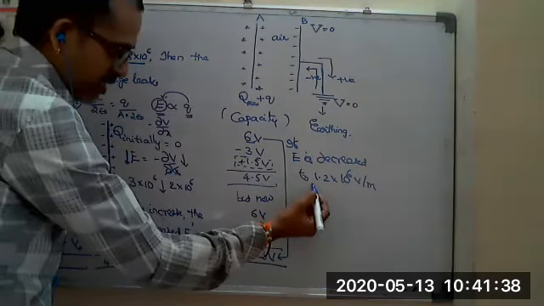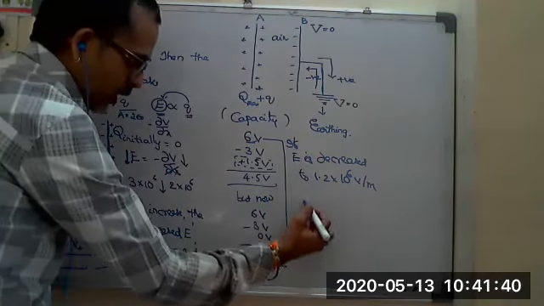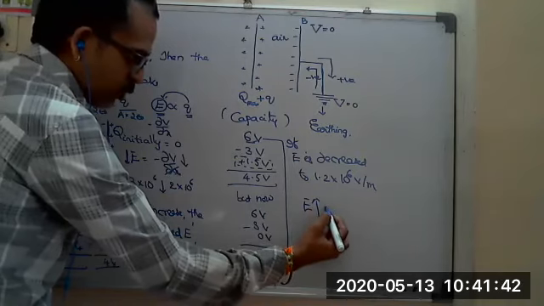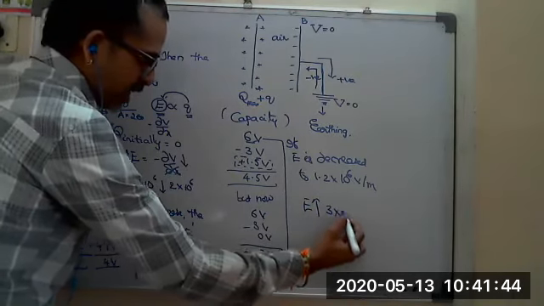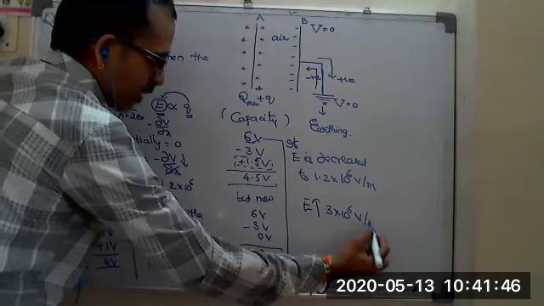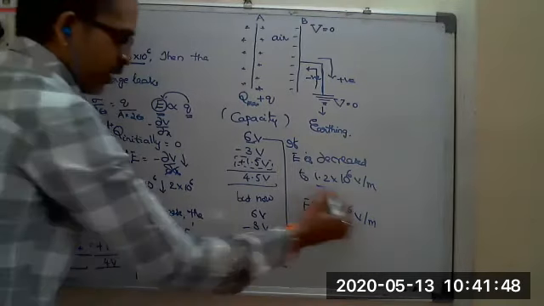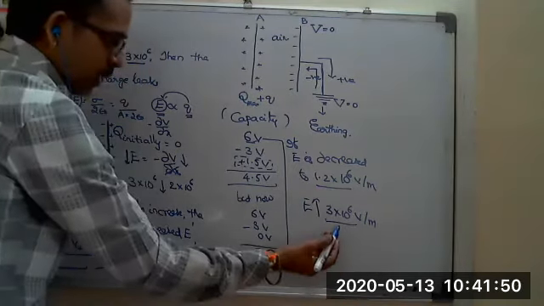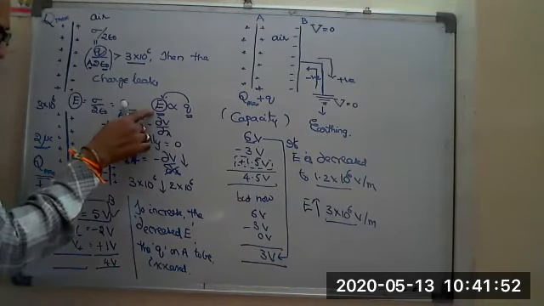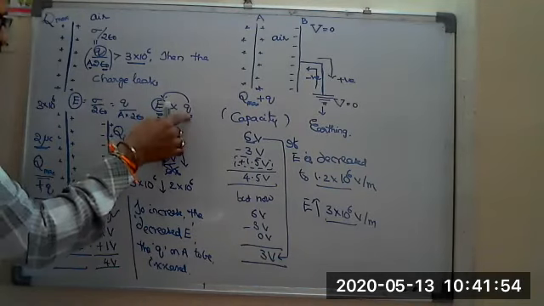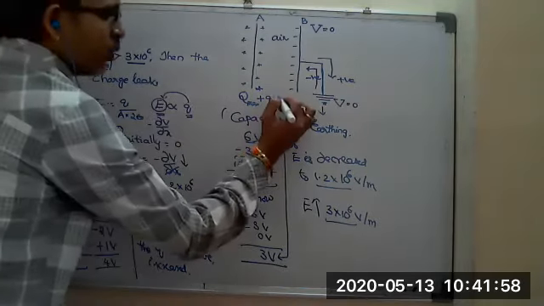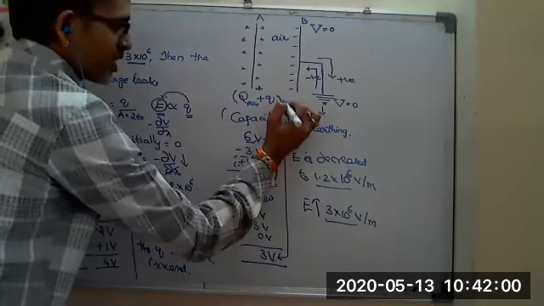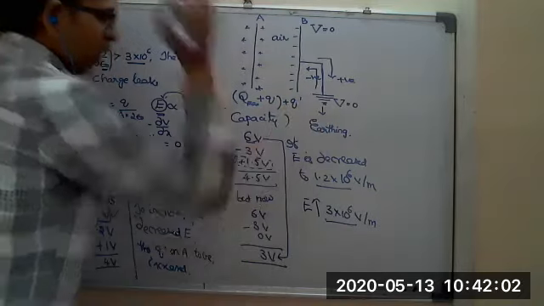Again, you can increase this value to the breaking strength, 3 into 10 power 6 volt per meter. How can you increase the value of E? By increasing the charge. So again, I'm going to add some more amount of charge to this.